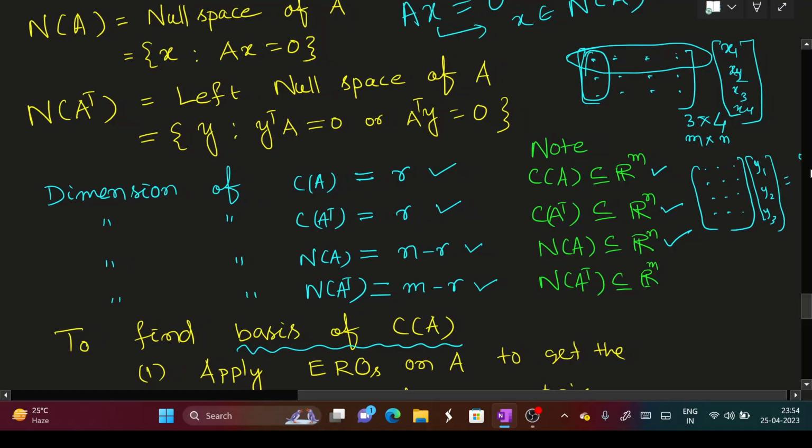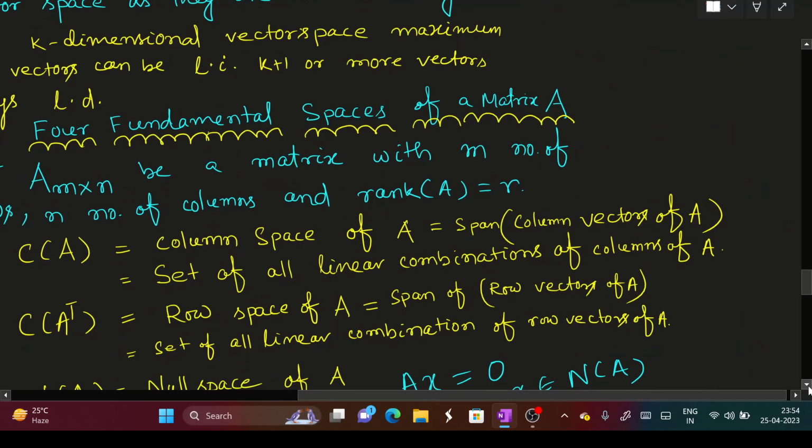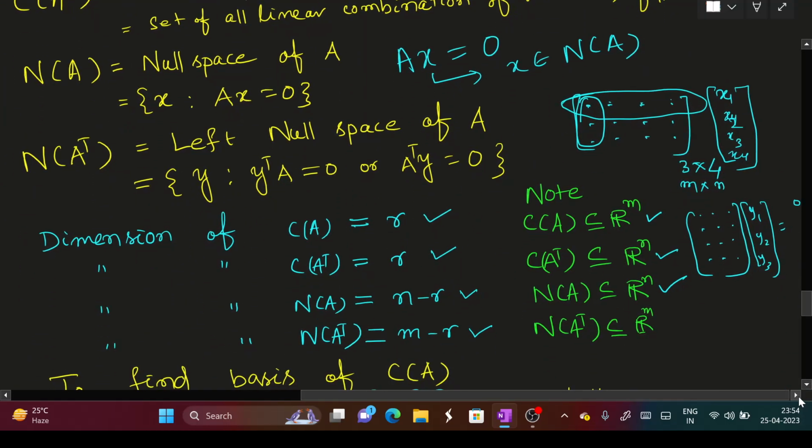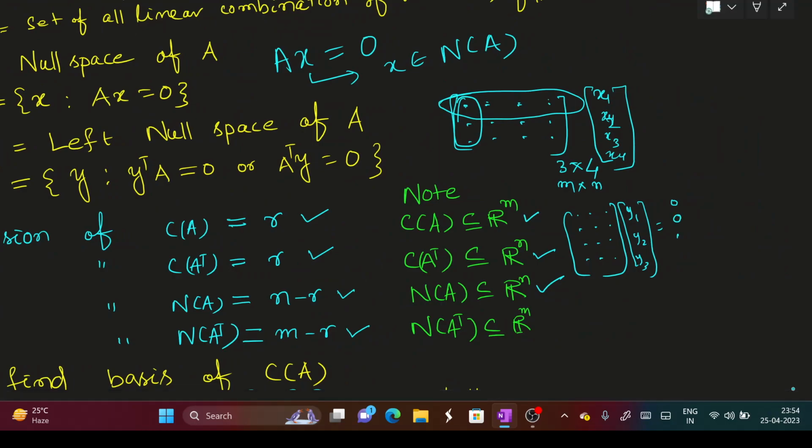How many zeros? 4 zeros: 0, 0, 0, 0. So how many components are there? The number of columns of A transpose is the number of components of a left null space vector. The number of components in a column vector is the same as in the left null space vector. So it is R to the power m.